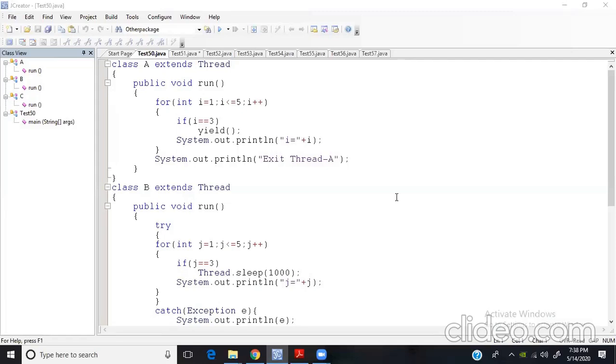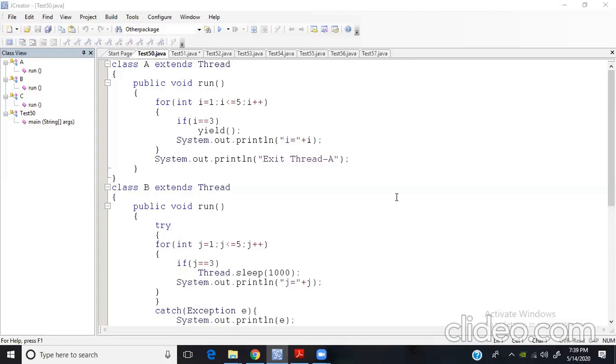This is actually the program that I discussed in my last lecture. And I told you at that time that because of the way threads get processed, when a thread will get processed is not in our hand. So that's why at different executions, we may get different output of the same program.